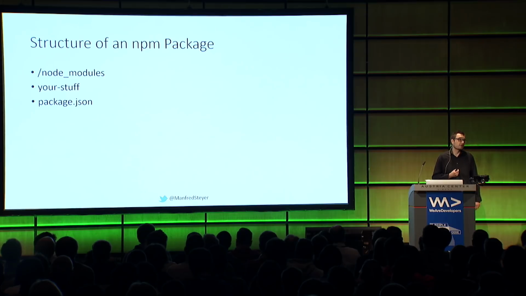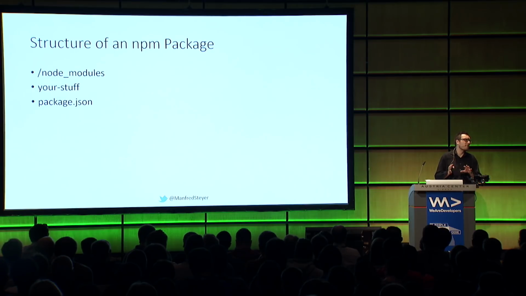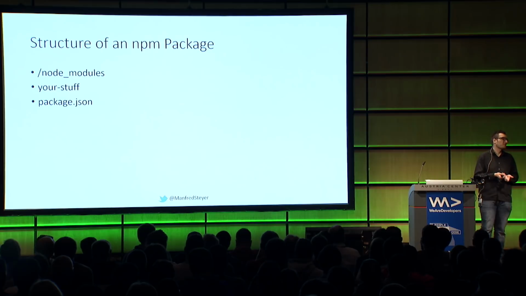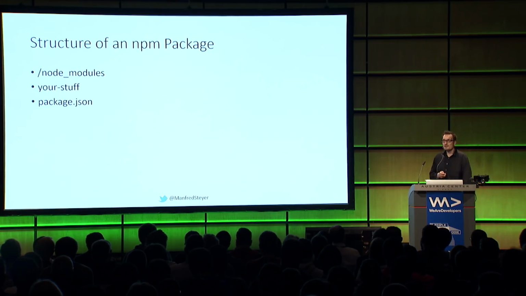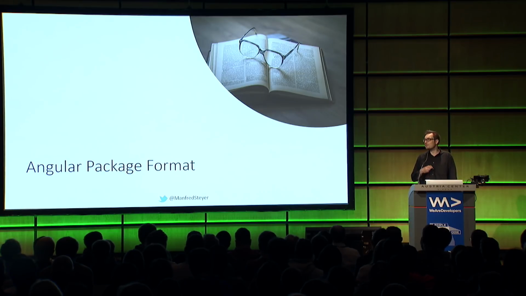And there is a package.json with metadata about your package. This is more or less what NPM packages are about. So in theory, it's quite an easy thing, in theory. In practice, you have to respect a lot of tiny aspects, especially when it comes to Angular development.